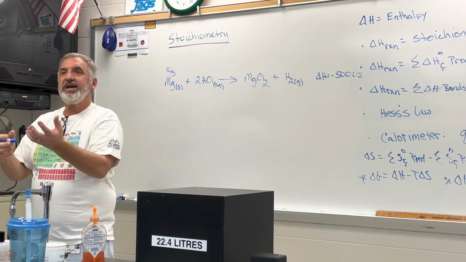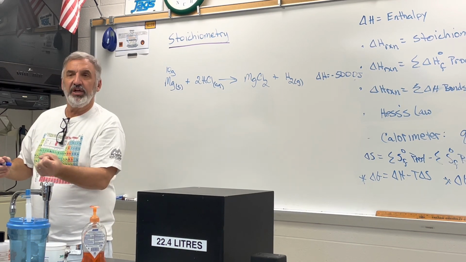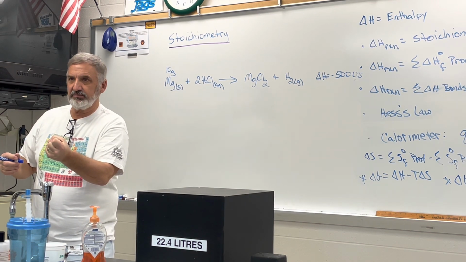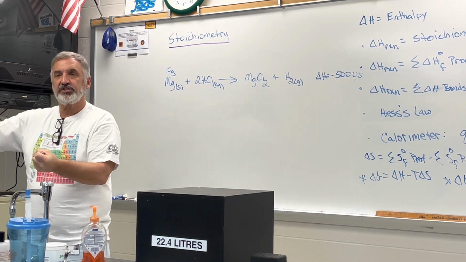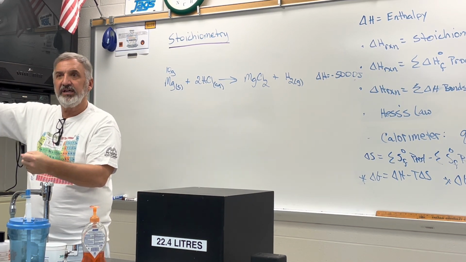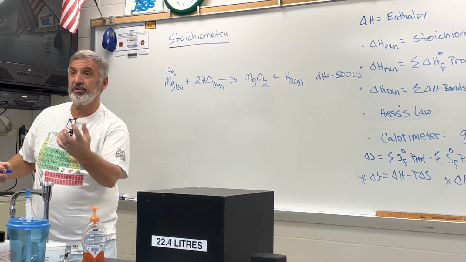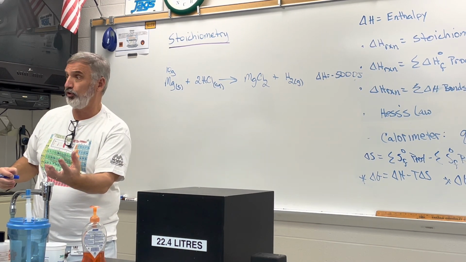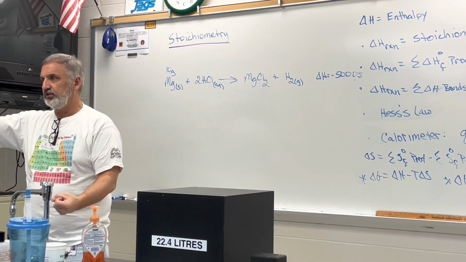So we're observing the surroundings hot, but we're measuring the system. Q lost by the system is equal to negative Q gained by the surroundings. The surroundings are gaining energy, getting hot. We take the negative of that, that's how much energy was released then by the system. Potential energy, bonds breaking, bonds forming, turned into kinetic energy, temperature.